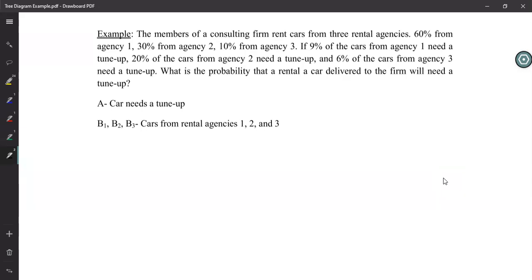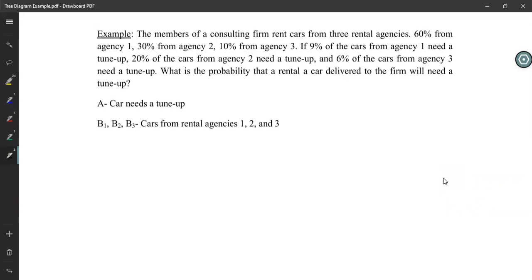The depending event is needing the tune-up. Depending on the agency, the probability of tune-up is different, right? From agency 1, the probability of needing a tune-up is 9%. If the car is from agency 2, the probability of needing a tune-up is 20%, and so on. So the dependent event is the need for a tune-up.